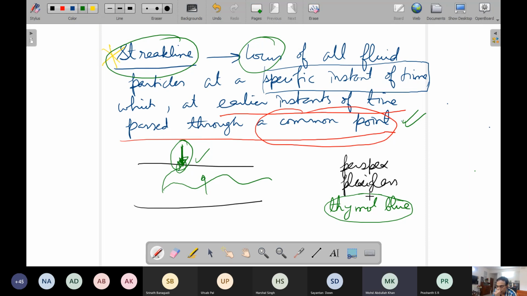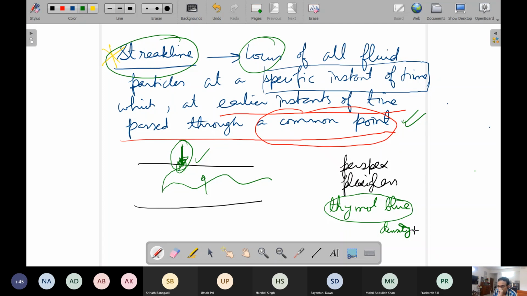So when you are purchasing this dye, you must make sure not only the color, most important is its density and composition. Why composition is because composition can also be such that it might have an influence on the variation of density. So that is why it is important, but most fundamentally density. So the density of this should practically be as close to the density of water as possible.